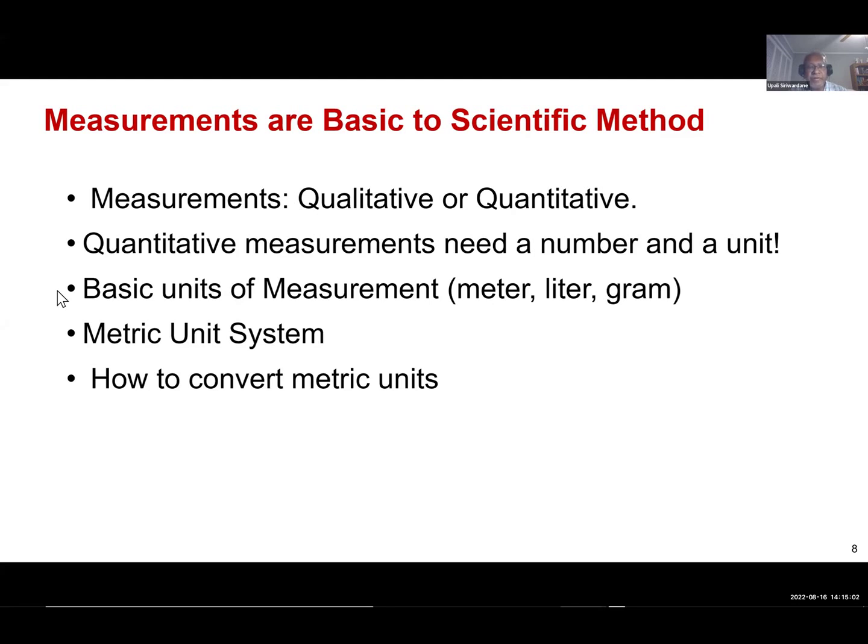The metric unit system uses meters, kilograms, and Kelvin temperature. Temperature is also a unit, one of the basic units. Now you have to know how to convert units. We are going to talk about that as we go along.